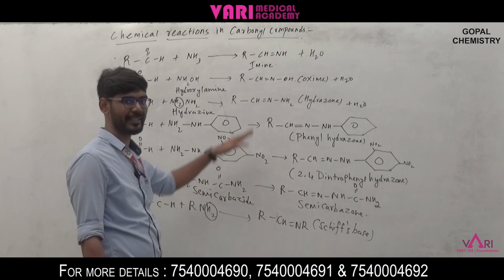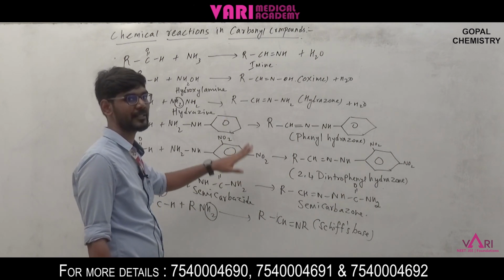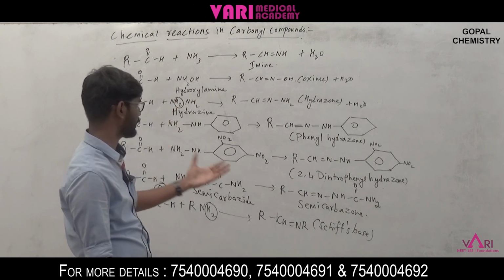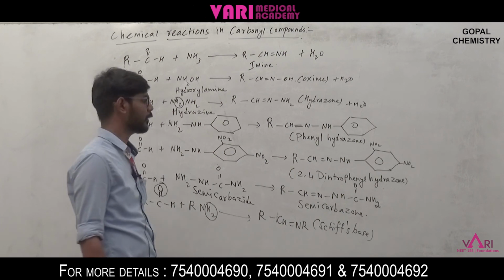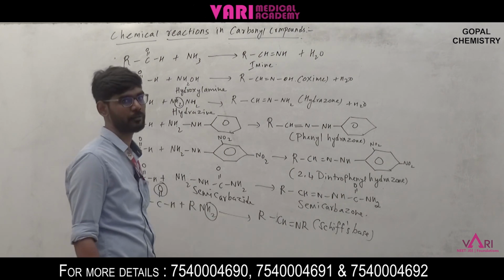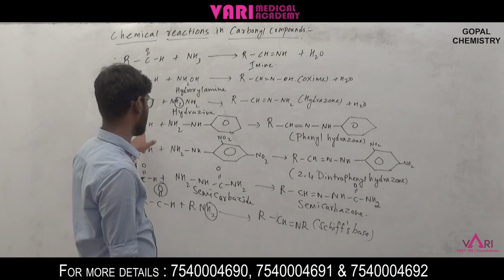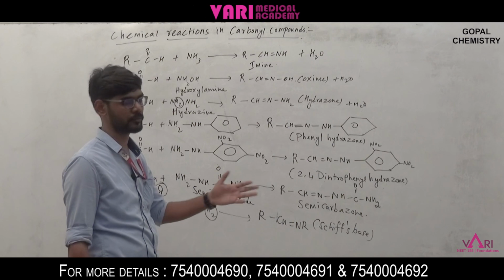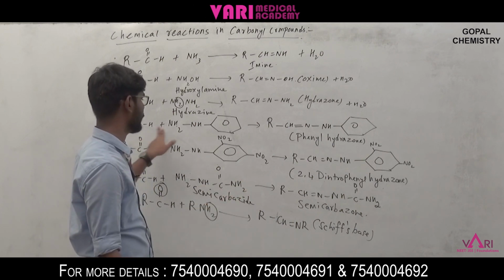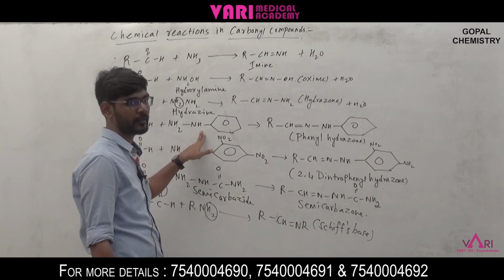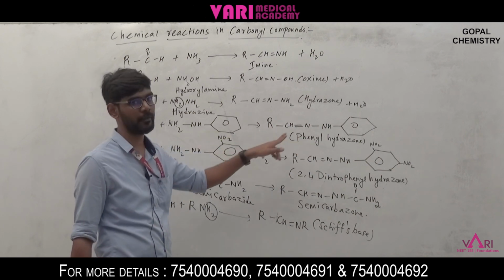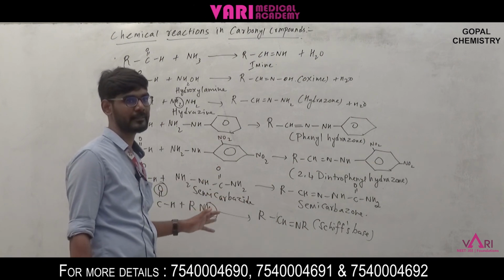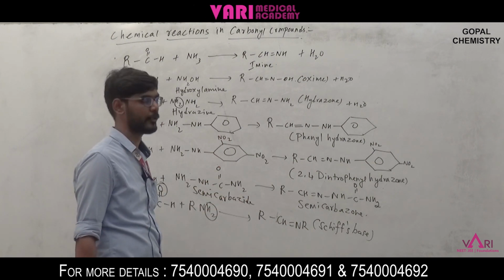We can use this reaction as a confirmatory test for carbonyl compounds. Say you have a glucose molecule and you have to confirm it. Glucose is an aldohexose, so it will be treated with phenyl hydrazine, and the product will be phenyl hydrazone. So we can confirm that the glucose molecule has an aldehyde or ketone group.